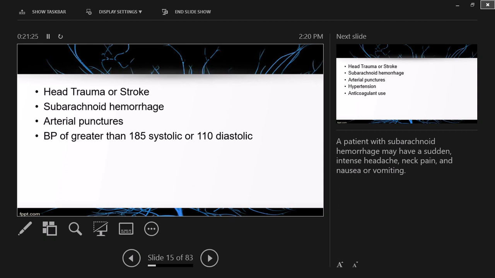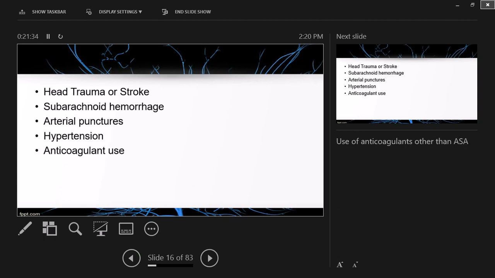But again, if you've got a really high blood pressure, I would not stop that without talking to the ER to find out exactly what they want to do. Anticoagulant use, and this is a large number of people, would depend upon the anticoagulant they are using. If they're on aspirin, they'll be fine.